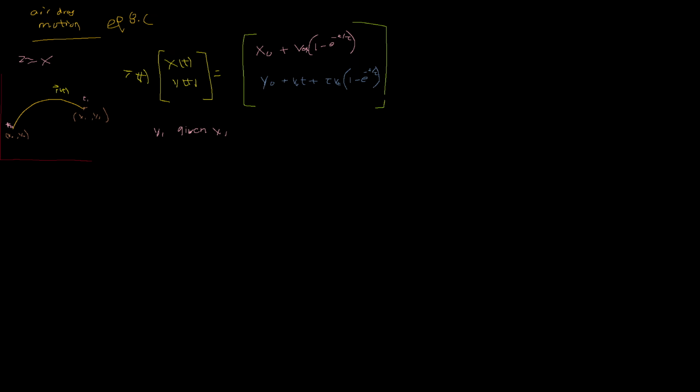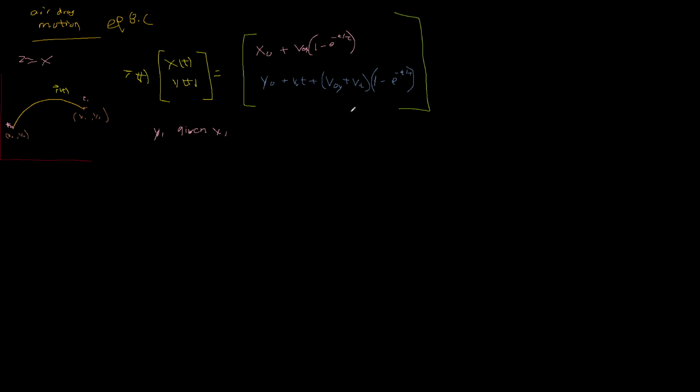I'm going to have to draw a big black one here and just erase this whole thing. Let me retry this one. So this is actually v naught y plus v terminal times 1 minus e minus t over tau. Okay, never mind. So I want to find y1 given x1.